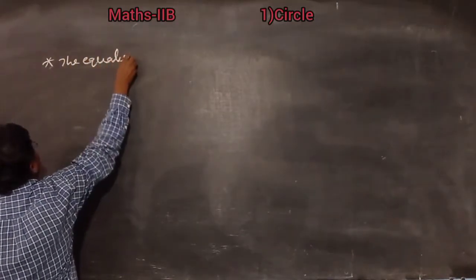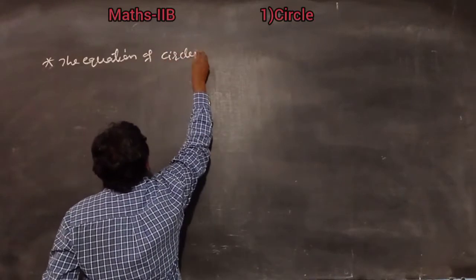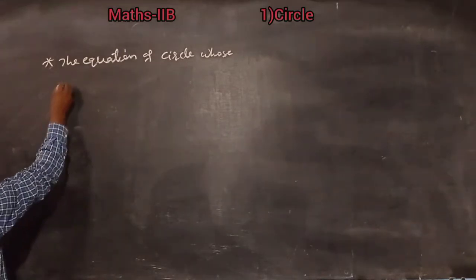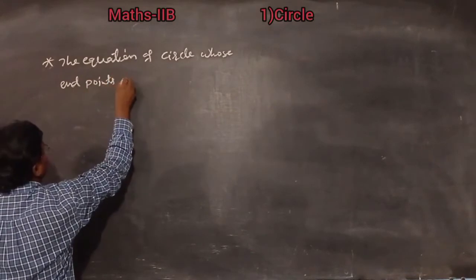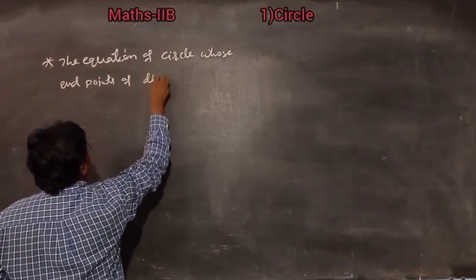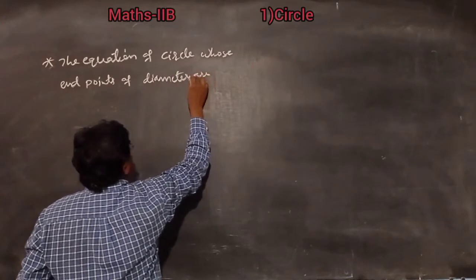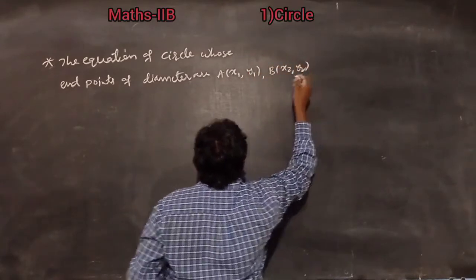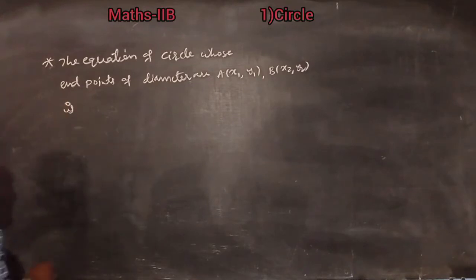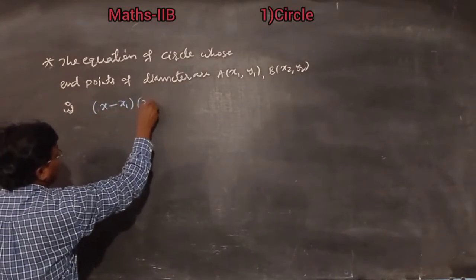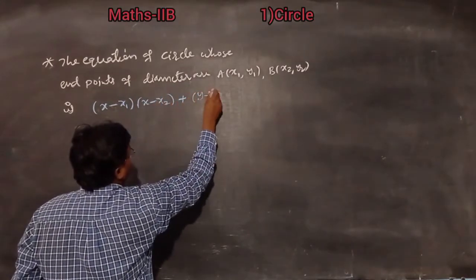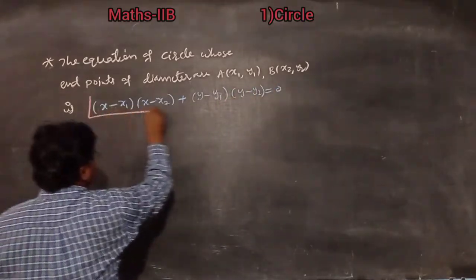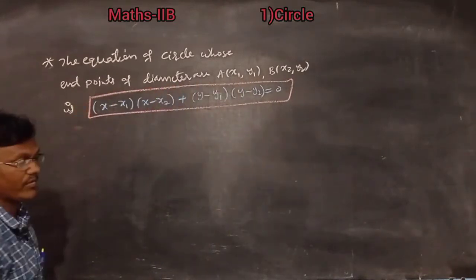So the equation of the circle whose end points of the diameter are A of x1 comma y1 and B of x2 comma y2 is: x minus x1 into x minus x2 plus y minus y1 into y minus y2 is equal to 0.